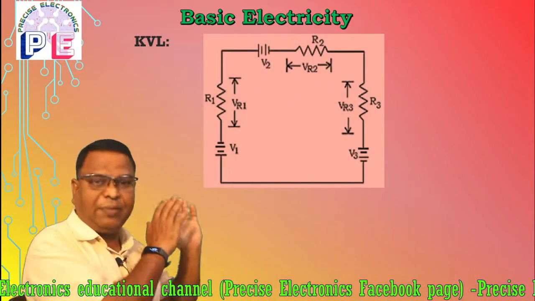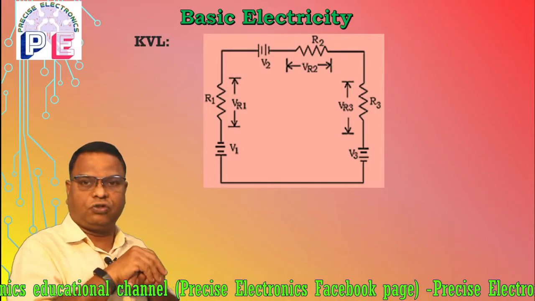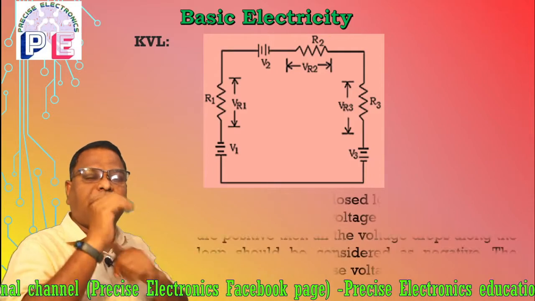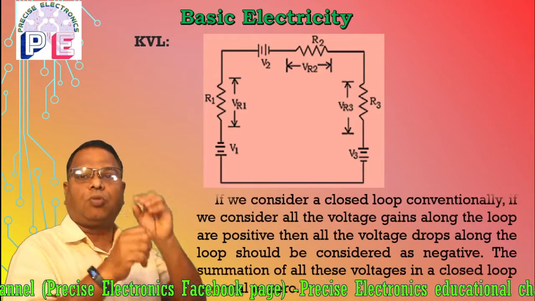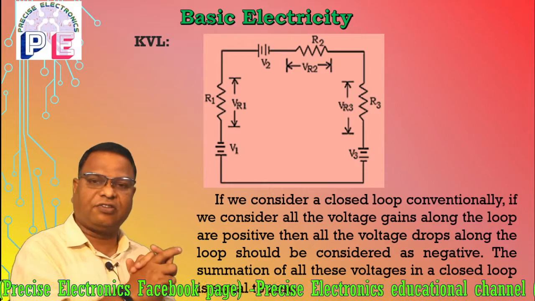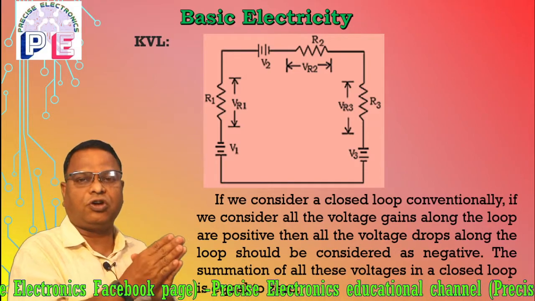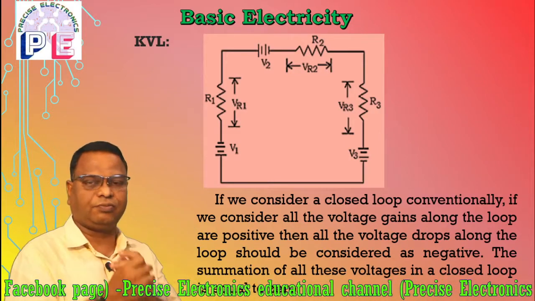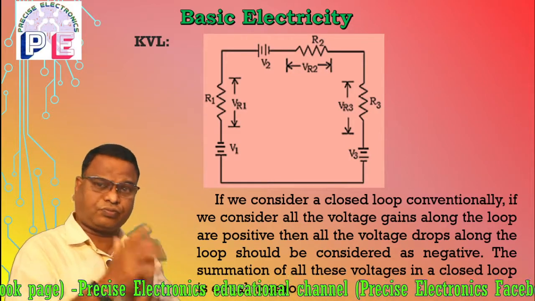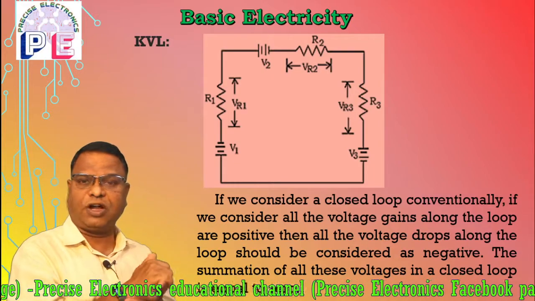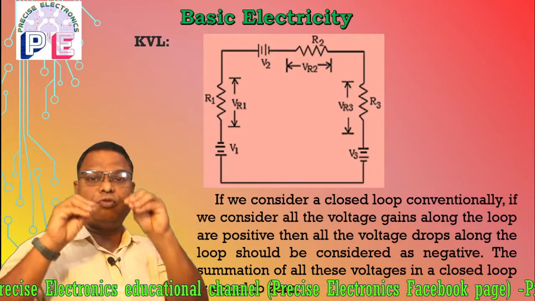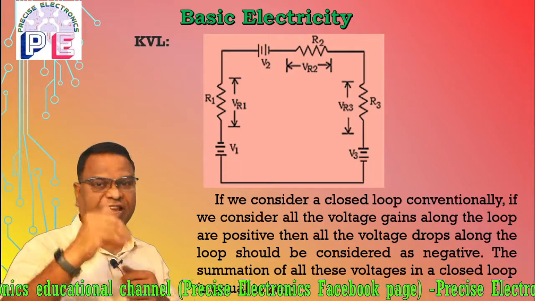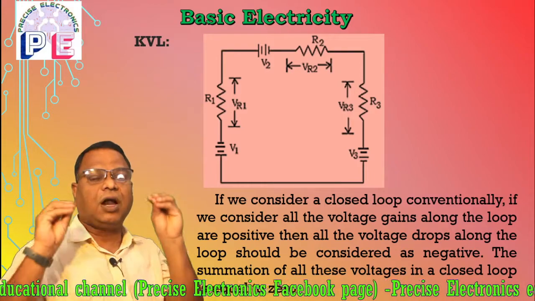From this diagram, it is clear that the loop is closed. V1, V2 and V3 are three batteries or power supplies connected in this circuit, along with three resistors, R1, R2 and R3. Conventionally, in a closed loop, the voltage gains are considered positive, meaning the applied potentials.